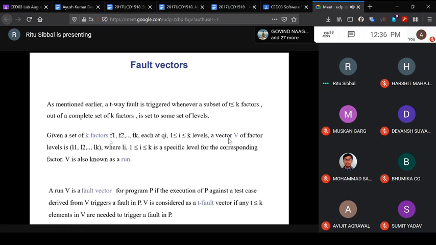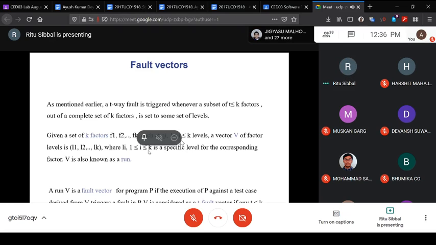ठीक है ना? ये factors हैं और ये उसके levels हैं. L1, L2, Lk. ठीक है ना? और L can vary from 1 to K. जैसे a variable can take values, X can take values from any number of values. So basically these are the levels or the values which these factors can take. And a specific level for the corresponding factor is known as a run.